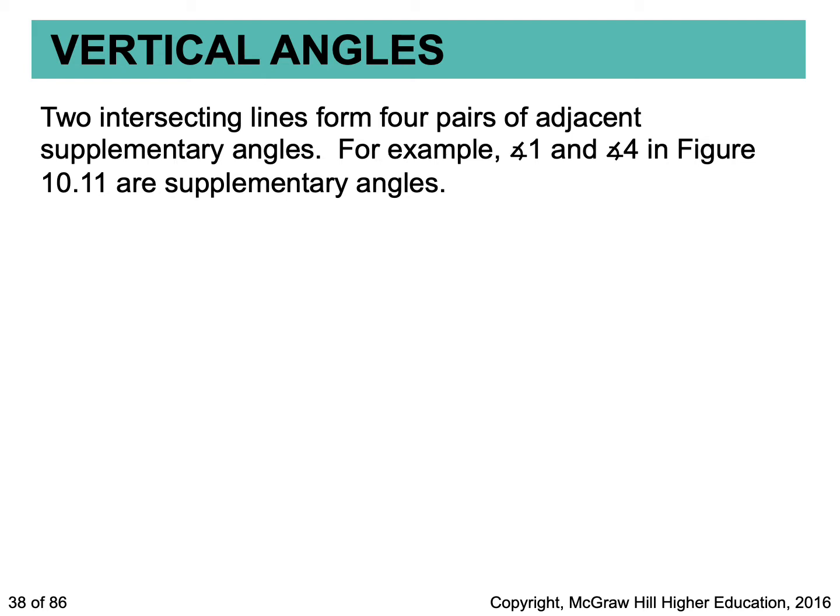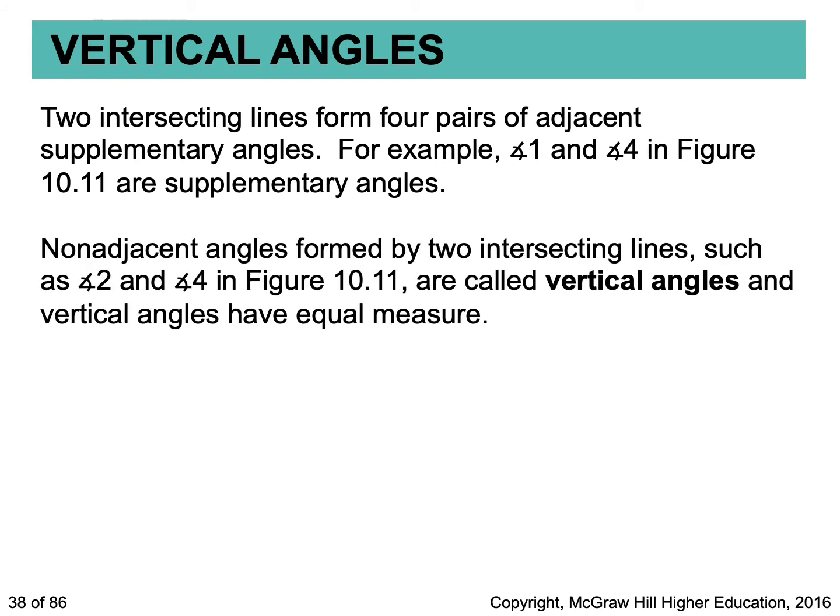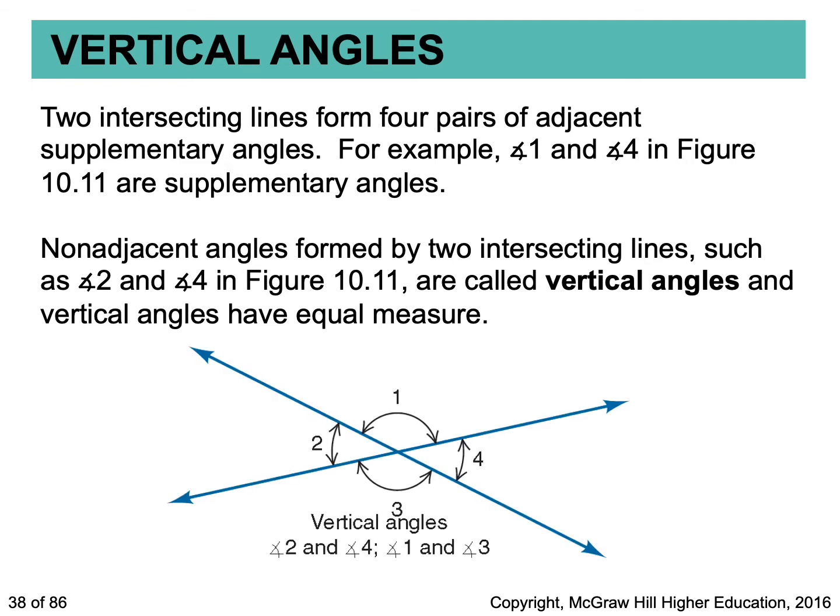2 intersecting lines form 4 pairs of adjacent supplementary angles. And I have given you a video to look at that talks about vertical angles. And vertical angles have equal measure.